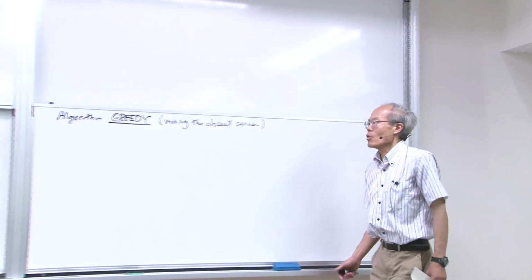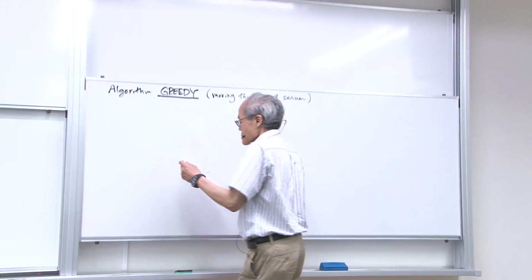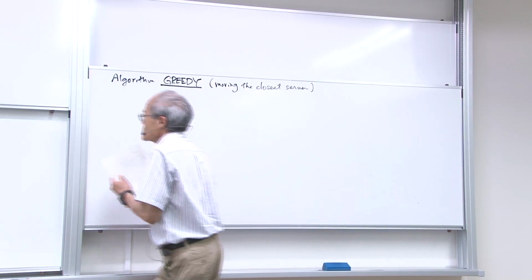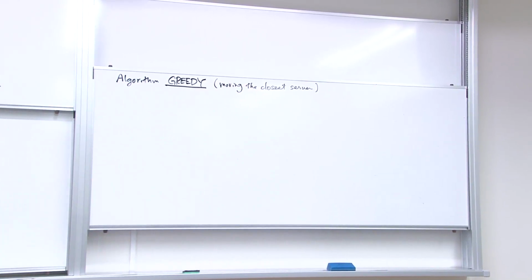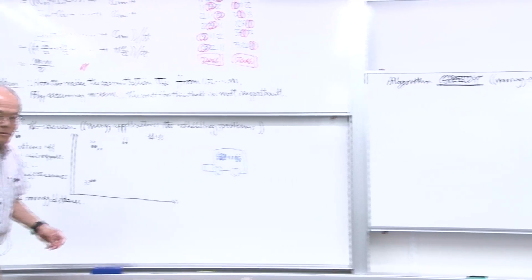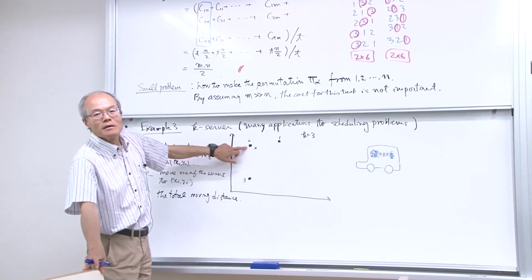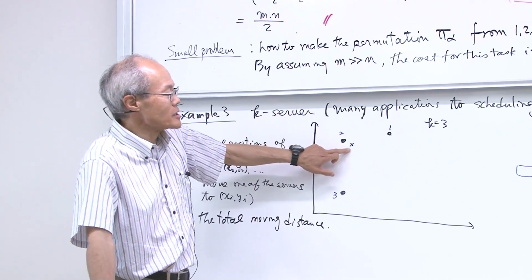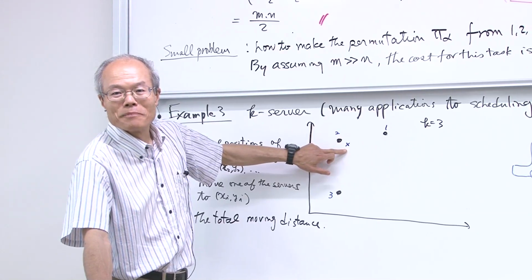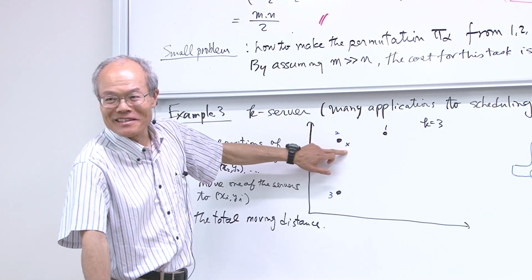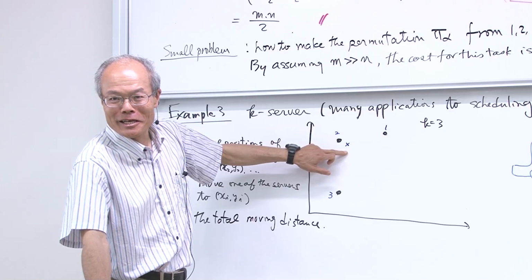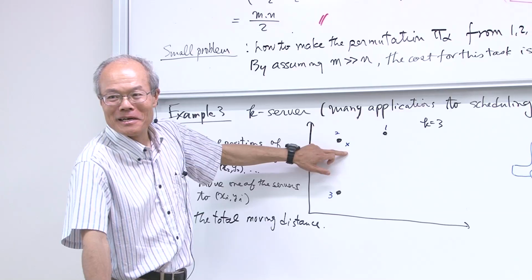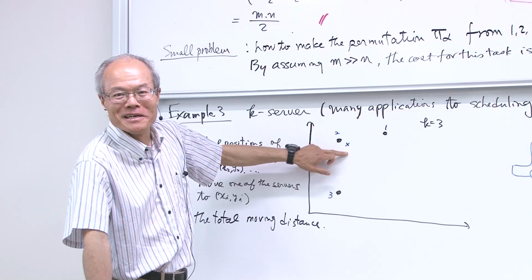Why? Okay, so you moved this guy to the requested point. But the adversary chooses the next request where?